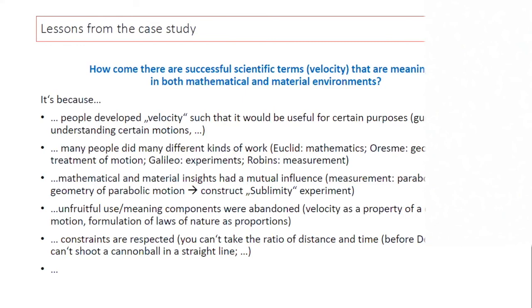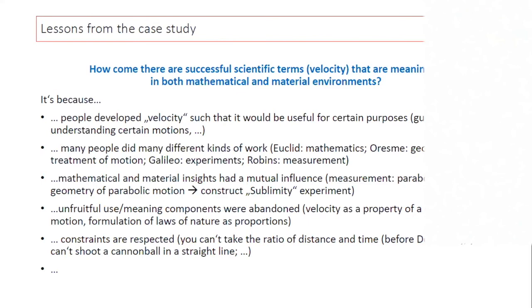It's because many people did many different kinds of work like mathematics, a geometrical treatment of motion, experiments, measurements, also instrument building, of course, and so on. It's because mathematical and material insights had a mutual influence, and because unfruitful meaning components were abandoned.